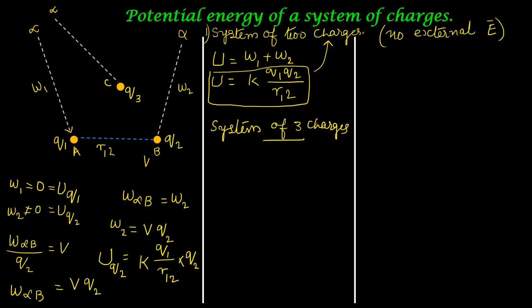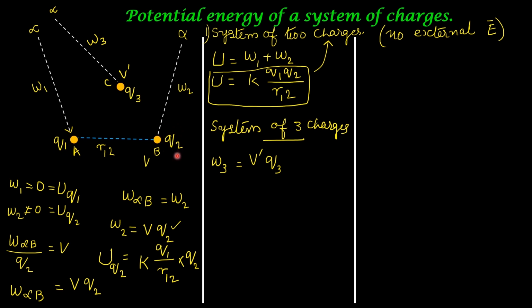In the location, work done on Q3 will be equal to W3. W3 will be equal to V dash, the potential at point C, multiplied by the magnitude of the charge Q3. V dash, the potential at C, will be equal to the total of the potential caused by Q1 and that caused by Q2.